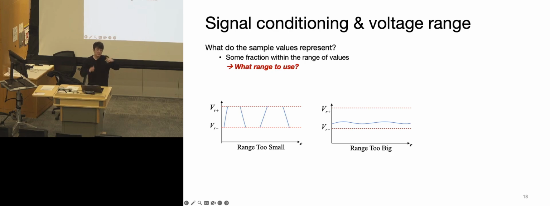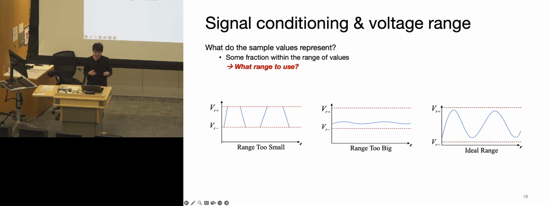That means we're losing a lot of the resolution within this sampling range. Say if that's a 10-bit ADC, chances are only 7 or 8 bits of the actual data are being used in that case. A more ideal case is you have something slightly higher than the maximum value and something slightly lower than the minimum value.